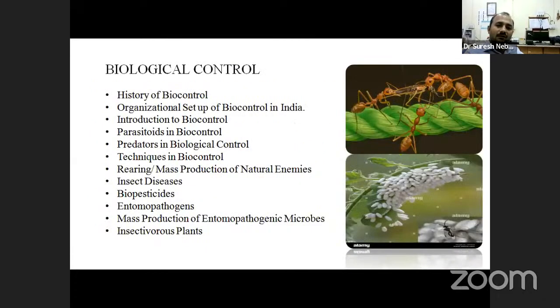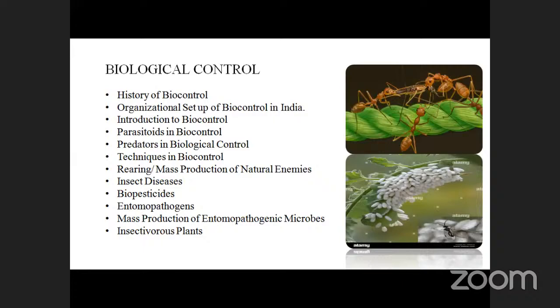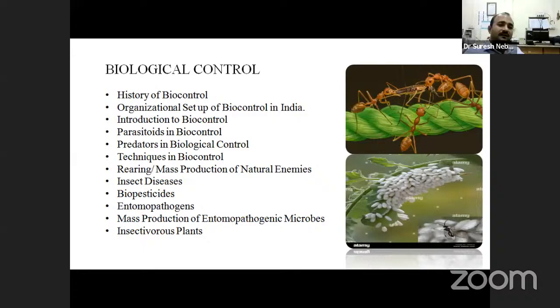Then biological control. Biological control, when we are studying in UG classes, looks very easy. But when you go for competitive exams, they will ask very peculiar terms. So in biological control, you have to be sure that you are through with all the terms used in your courses.